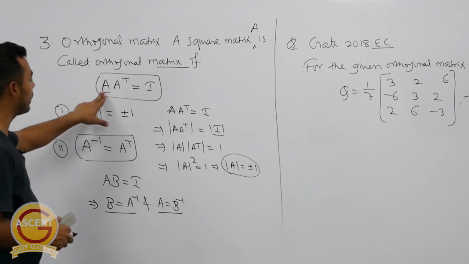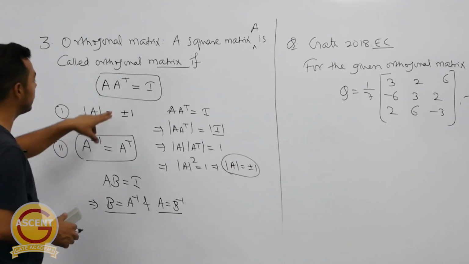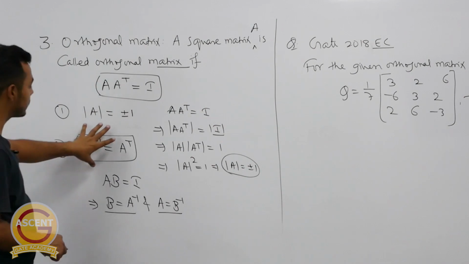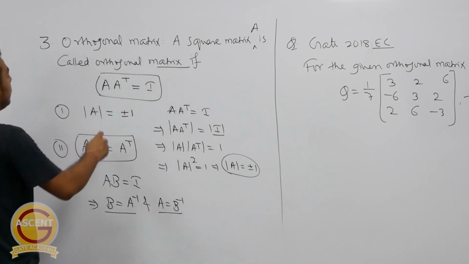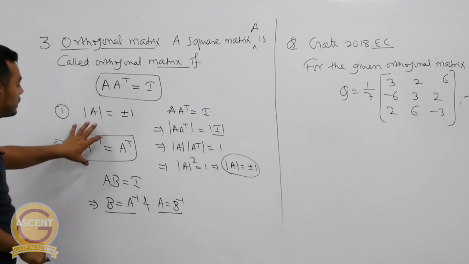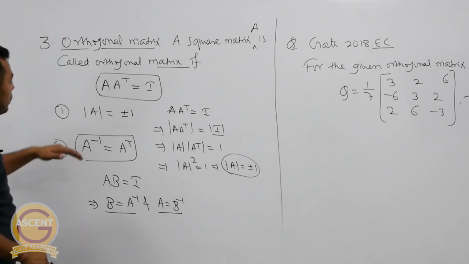Now here we have two matrices A and A transpose, and their product is identity. So I can say that the second matrix A transpose is the inverse of matrix A. So this is very, very important result. The moment we know that a matrix is orthogonal matrix, we don't have to calculate the inverse. The inverse will be simply the transpose of the matrix. So these are two important results related with orthogonal matrix.